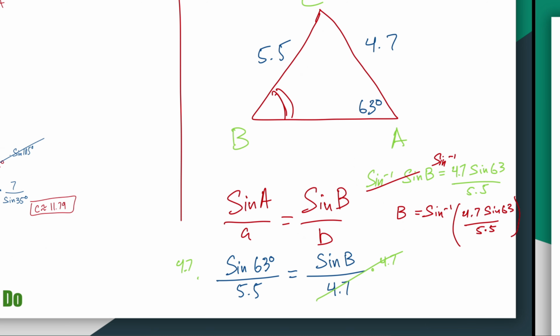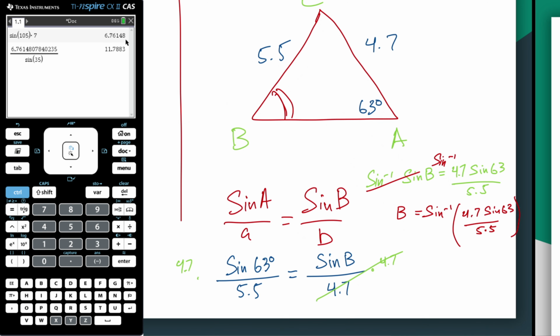It's a lot there, right? So let's get our calculator out here and give it a whirl. I'm going to do the inverse sine of everything in there. So I'm going to go 4.7 times the sine of 63, and let me put all of that in parentheses, just so that it's very clear that all of that is being divided by 5.5.